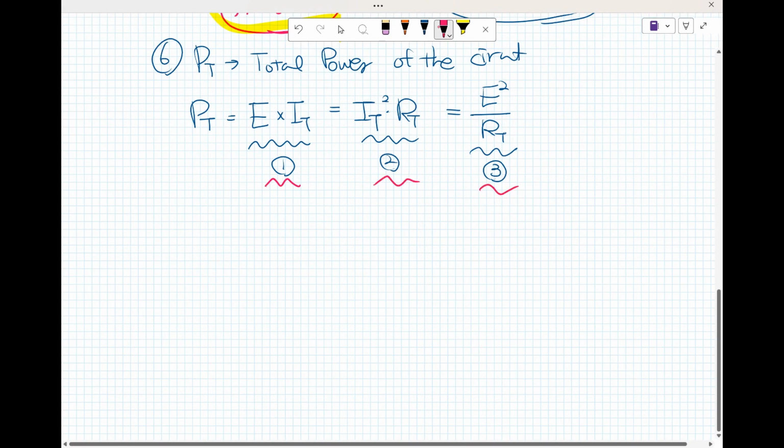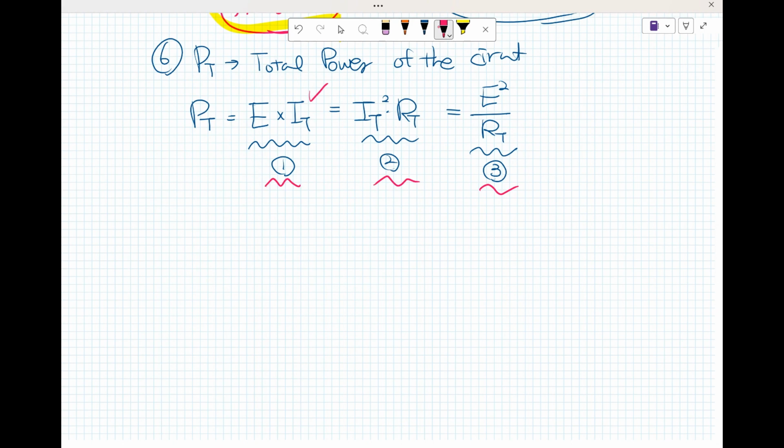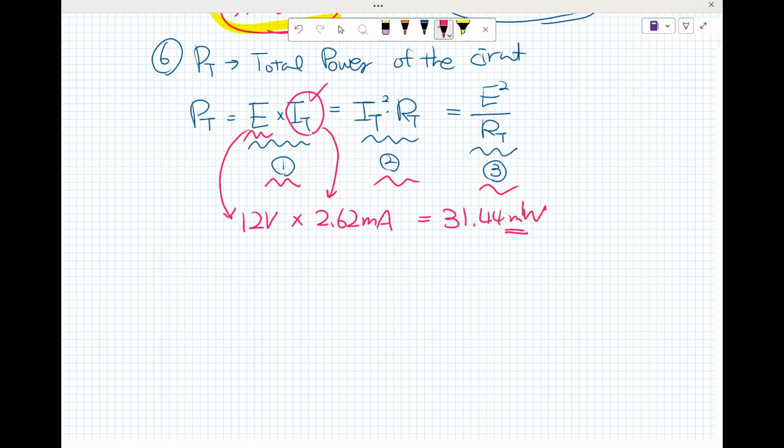I think the first one is faster and easier. So 12 volts and I sub T, which we have already calculated as 2.62 milliamps. So finally, 0.44 milliwatt. Milliwatt, don't forget the milli.